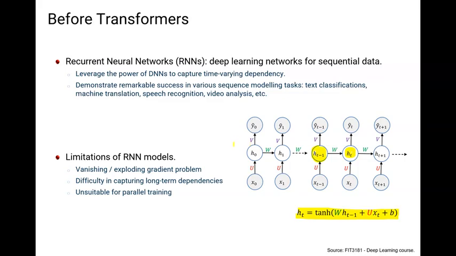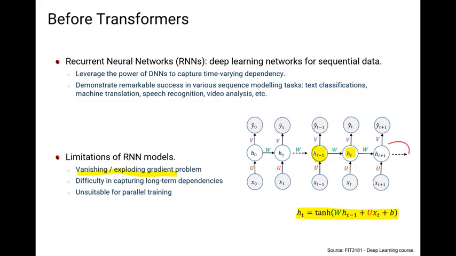We will not talk about RNN today, but we will talk about why people wanted something new to overcome it. Why is that? Because there are problems with the solution at that time. RNN has limitations. One of them is the vanishing or exploding gradient problem. If you remember, during training we need to do backpropagation to find the best parameters.